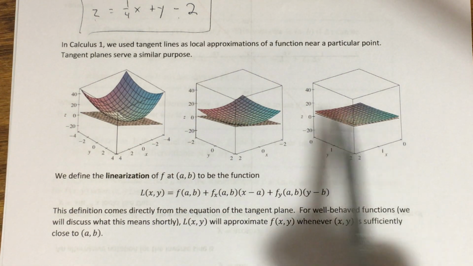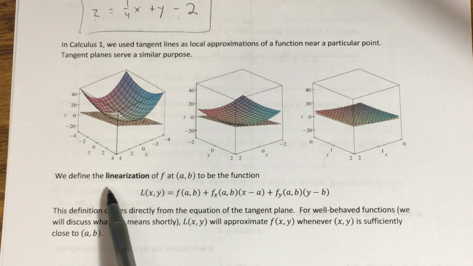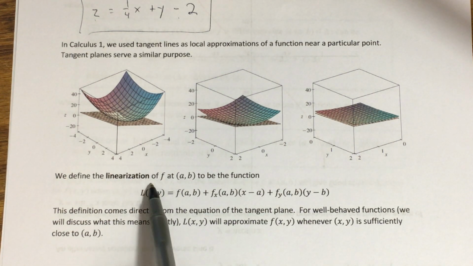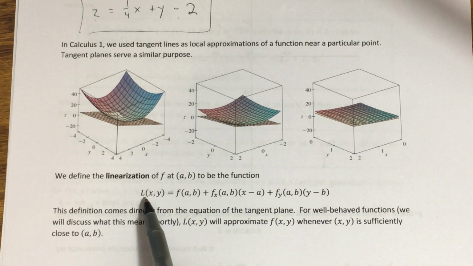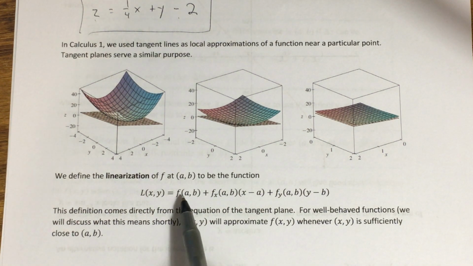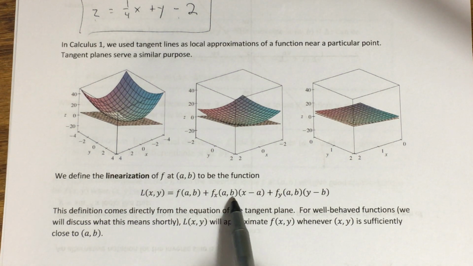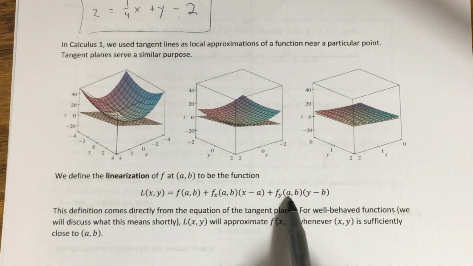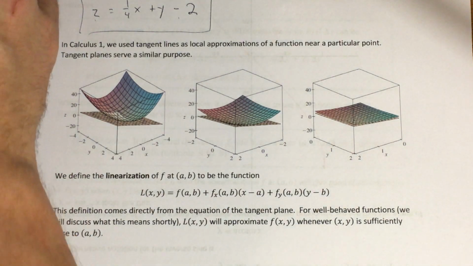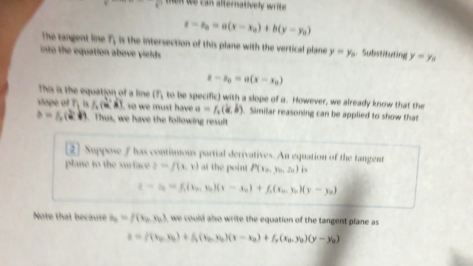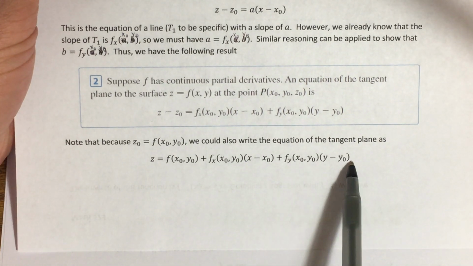But the function that gives us that tangent plane is what we call the linearization of f at (a, b). And we use the capital L to denote that. L of x, y equals f of a, b plus f_x of a, b times (x minus a), plus f_y of a, b times (y minus b). This is just the equation of the tangent plane that I came up with down here.